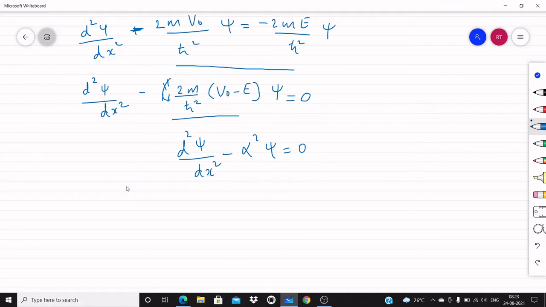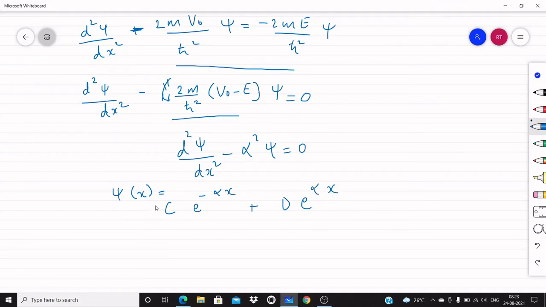Okay. Now the possible solution. Let us consider the possible solution, psi of x is equal to C e raised to minus alpha x plus D e raised to alpha x.